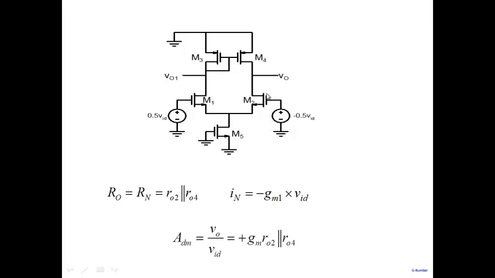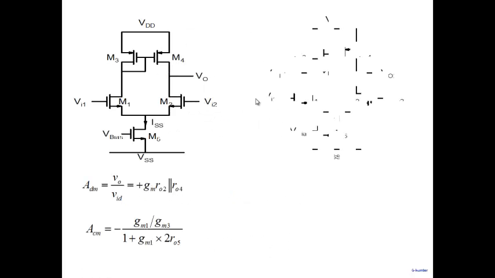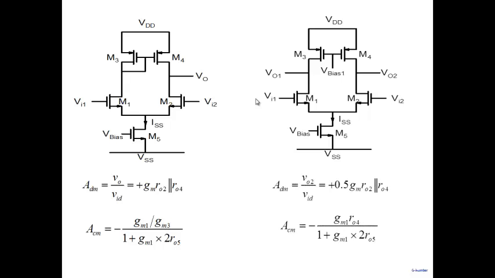So the final expression is very simple: GM of this transistor, M1 and M2 are the same, multiplied by the net resistance at this point, which is the resistance looking up, R04, and the resistance looking down, R02. So the final result is the same.